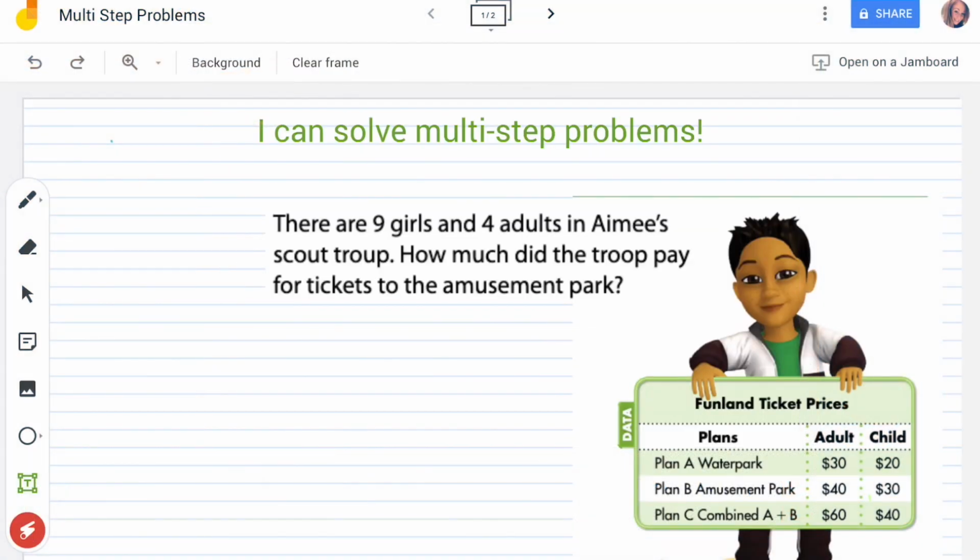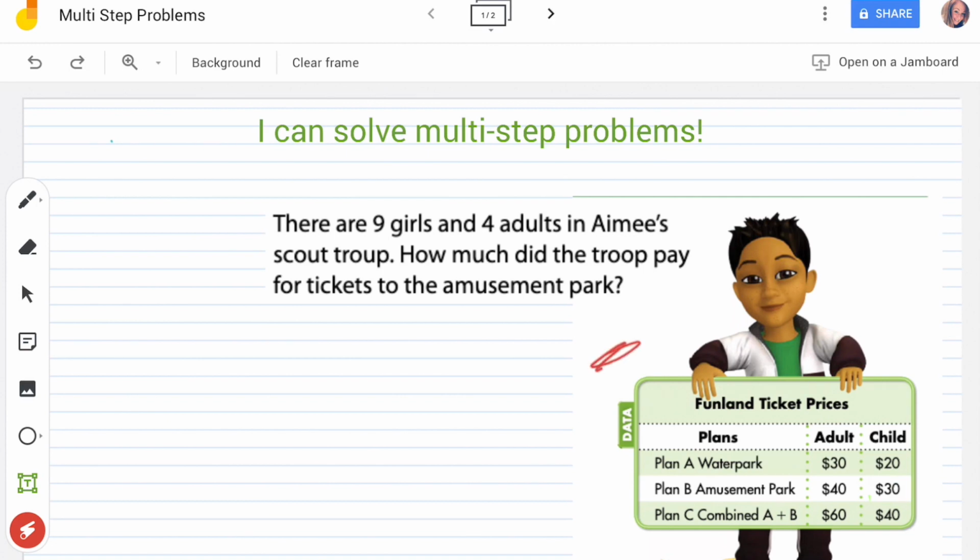Let's take a look at our first problem. There are 9 girls and 4 adults in Amy's scout troop. How much did the troop pay for tickets to the amusement park? I know that this problem doesn't give me enough information to help solve that. But do you see something on the page that will help us?